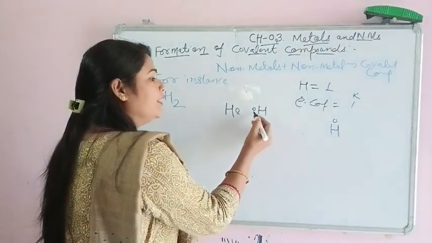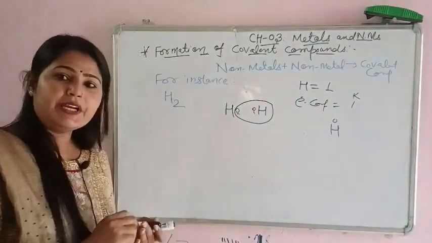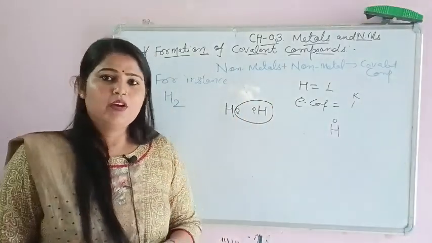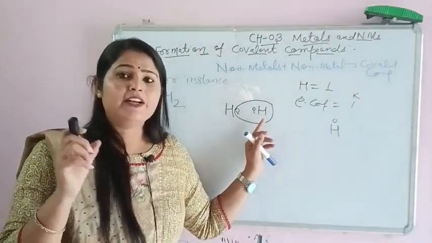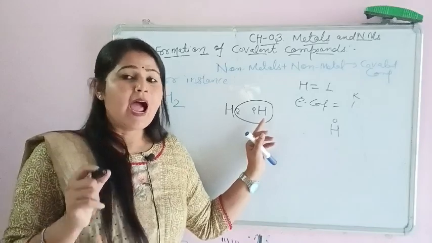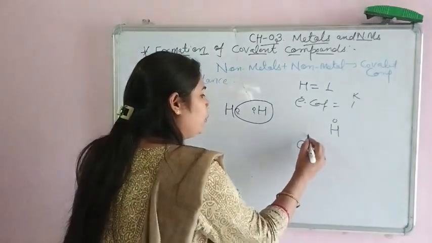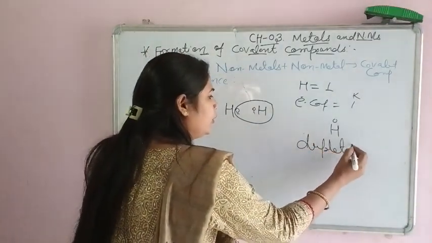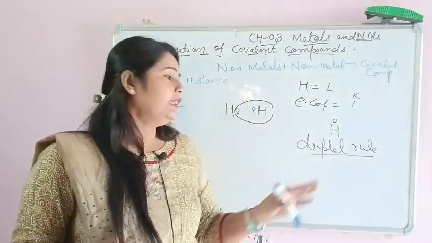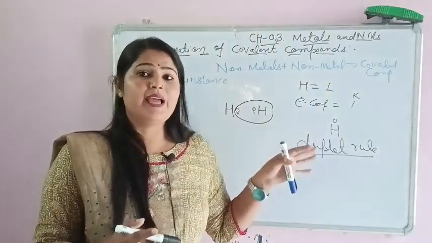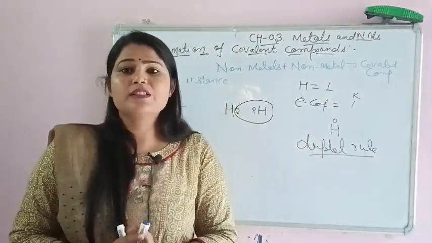This hydrogen contains one electron and it shares one electron from its neighboring element. When it shares one electron, then this hydrogen contains two electrons, which is a stable electronic configuration, and it completes its duplet rule. Duplet rule. So what do you mean by duplet rule? This rule says that an atom should contain only two electrons in the first shell.